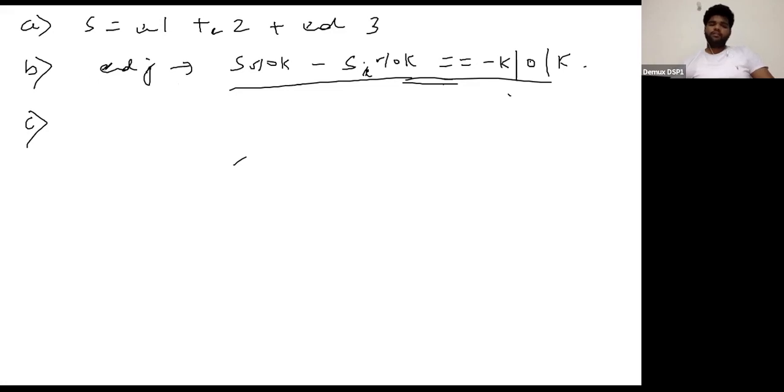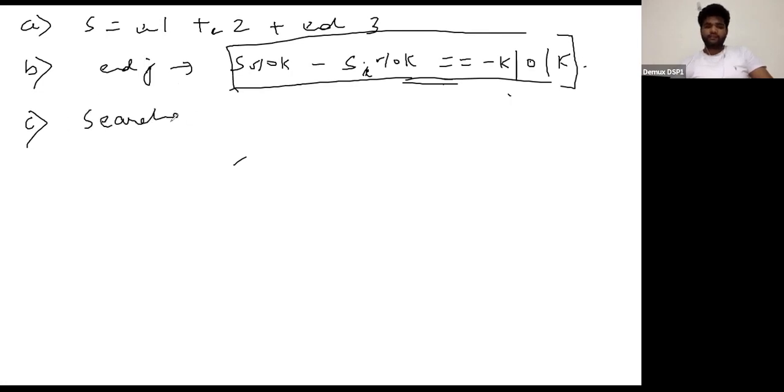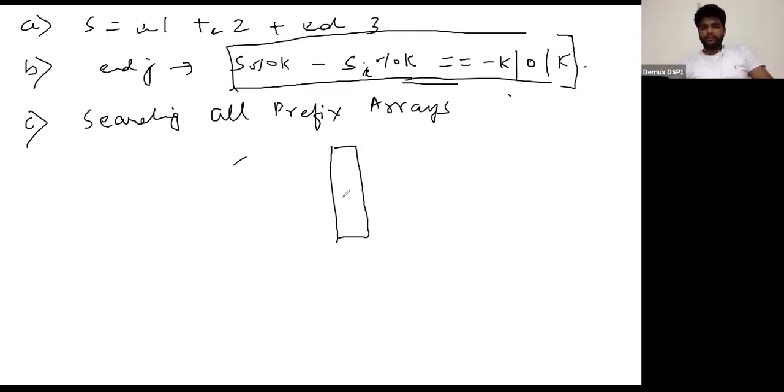Now, once I know this, at a given j, I have to find all prefix arrays with this property. Searching across all prefix arrays can be done using hash tables. So how? For every prefix array, if I store the remainder that I get, for remainder R1, I can store count C1.